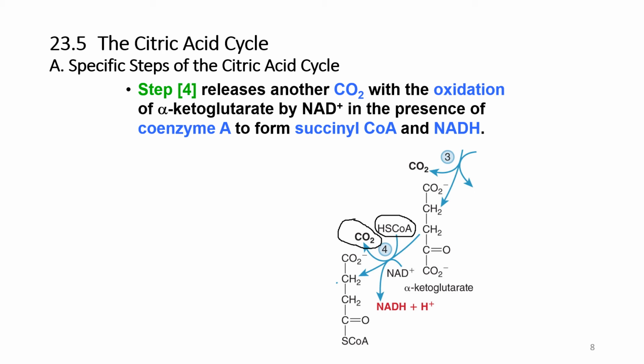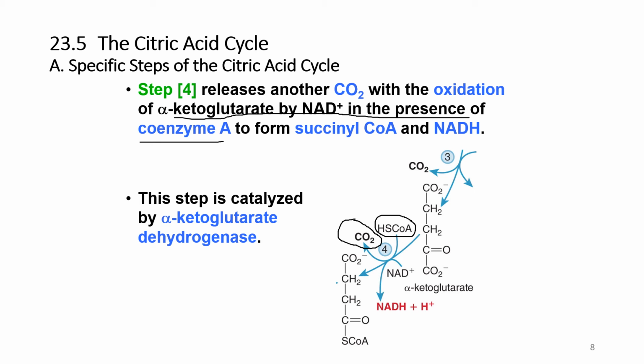So we release another CO2, and we oxidize alpha-ketoglutarate and reduce NAD+ in the presence of coenzyme A to form succinyl-CoA and NADH. Alpha-ketoglutarate dehydrogenase is the enzyme utilized here. And remember, the names of these enzymes tell us something about what's happening.